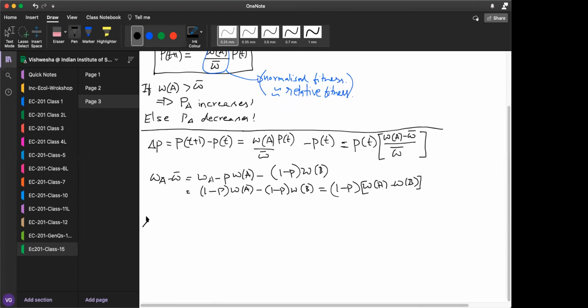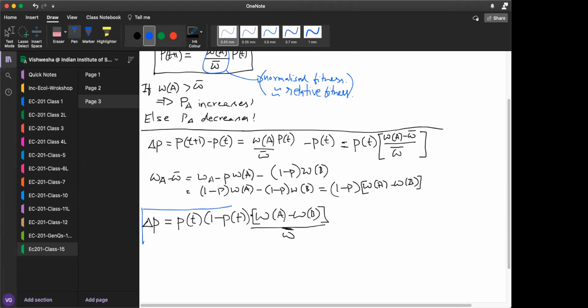Therefore, we will have delta P is equal to P of t, and omega A minus omega bar will be 1 minus P of t times omega A minus omega B. Is everyone fine with this? All the algebra so far? Any questions?